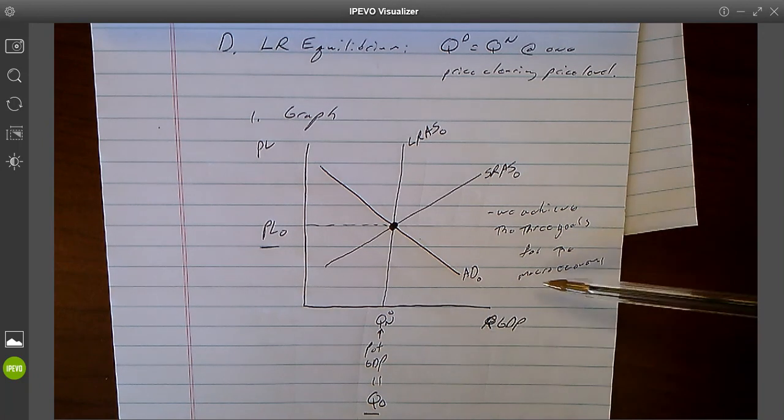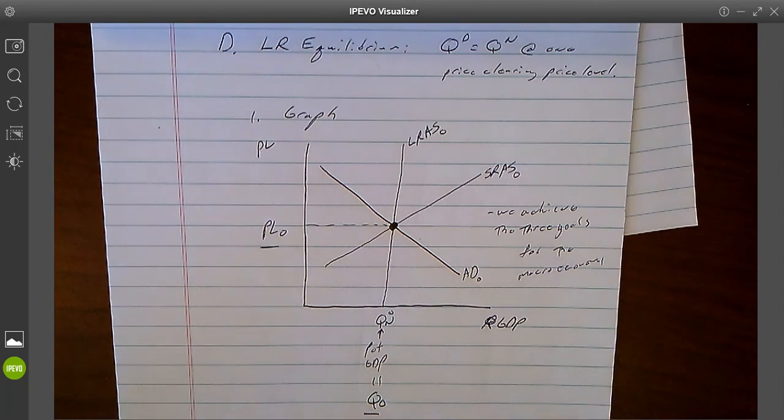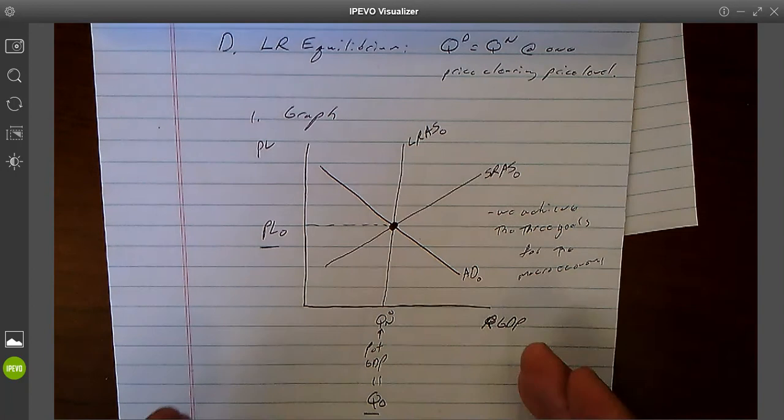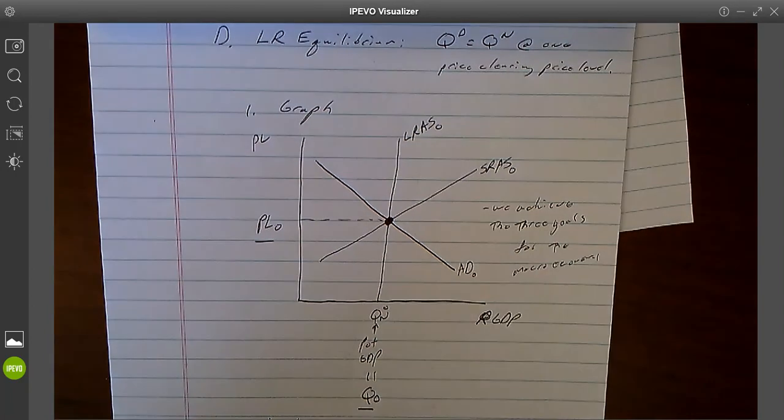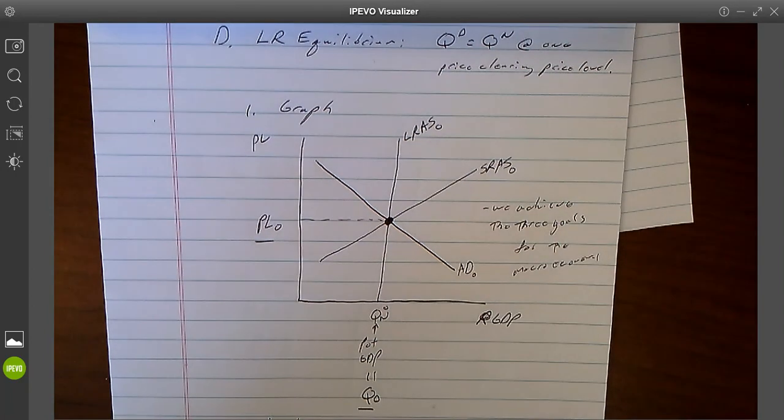Now, that's what we're going to prove in our next chapter, chapter 9, entitled The Self-Adjusting Economy. So we will talk about how the economy will self-adjust to long-run equilibrium. Well, then you might ask, why would we ever engage in policy to move the economy if it can achieve equilibrium on its own?